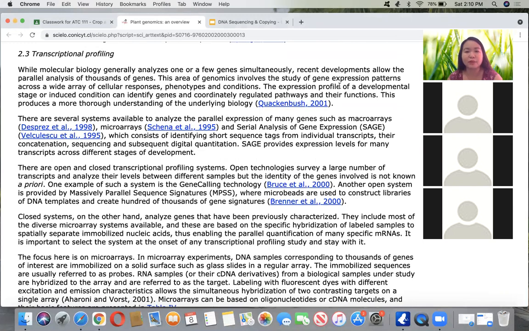This involves gene expression patterns across a wide array of cellular responses, phenotypes, and conditions, and expression profiles identifying gene coordination and pathways, and their function. So this is again about functions of specific genes, identifying the tags, the sequences. This is all transcriptional profiling.